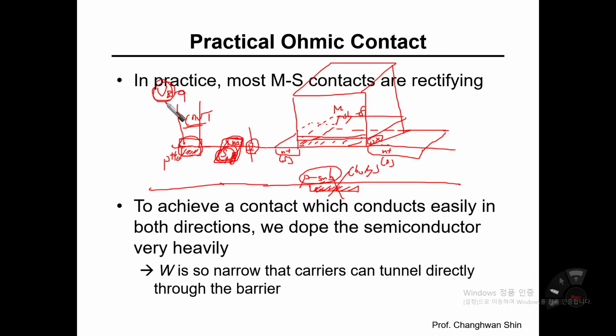Once your body bias has been delivered through this MS ohmic contact, you can modify the threshold voltage of this MOSFET by adjusting the body biasing. So this is the real situation of how the body biasing can be delivered to your transistor. In this MS contact, its current-voltage characteristic should be ohmic.